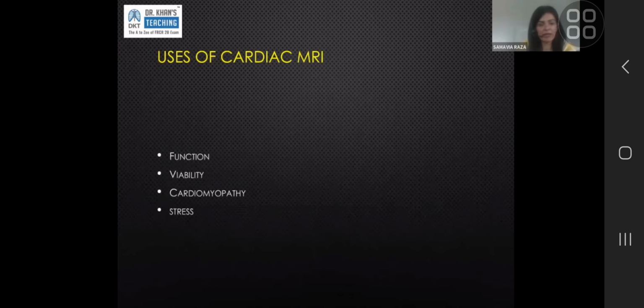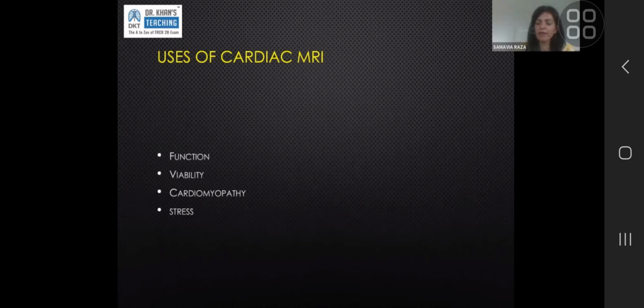The uses of cardiac MR are few in the sense of categories. The first is function, which is a non-contrast cardiac MR. You don't really need to give contrast if you're just doing the function. It is like a cross-sectional echo. You're getting the same information that you would get from an echo without it being user dependent.